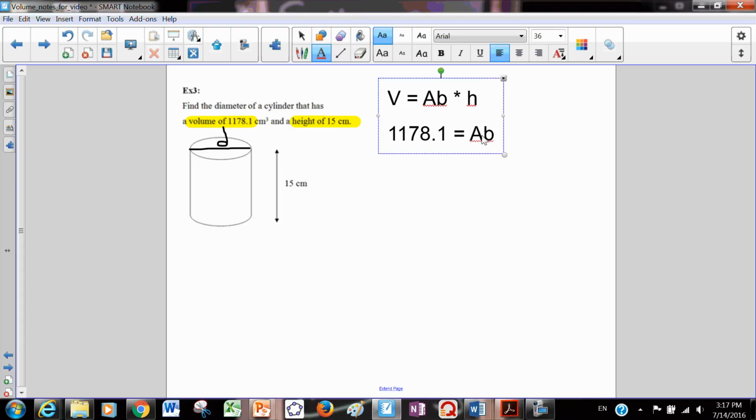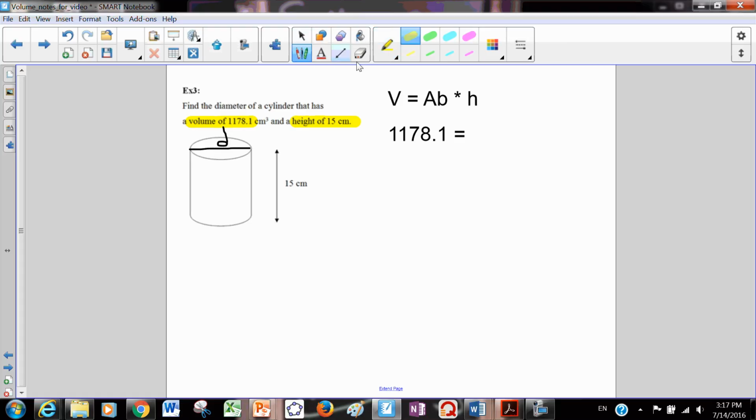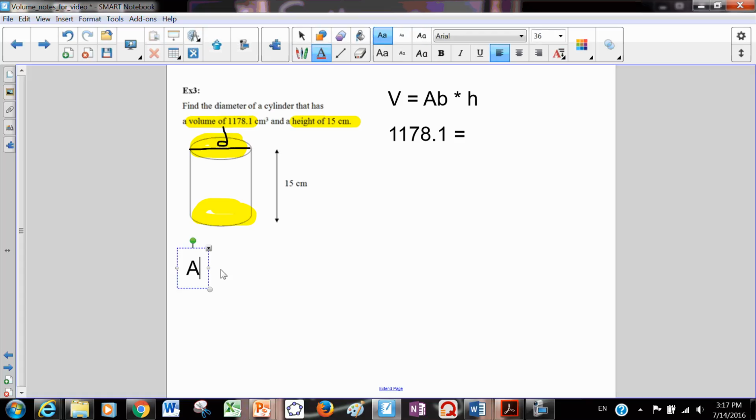We don't know the area of the base. What formula is it to find the area of the base? Our base is a circle, right? Remember, the base is the shape that is repeated twice. So the area of the base is pi times r squared.